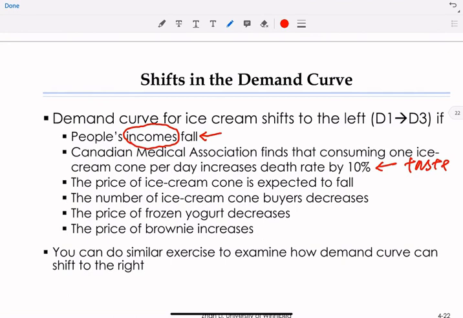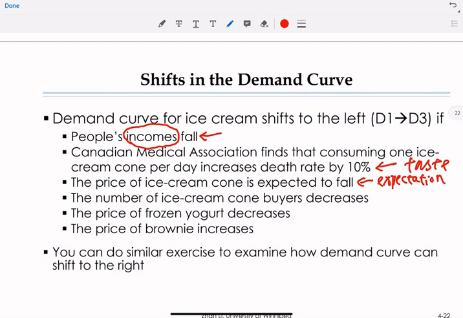Okay, now let's see the third factor, right? The price of ice cream cone is expected to fall. So this is about expectation, right? So in this case, if you expect the price of ice cream cone to fall, just imagine this is yourself.